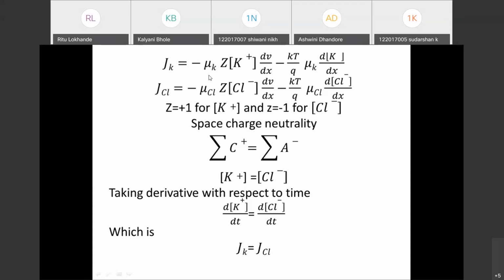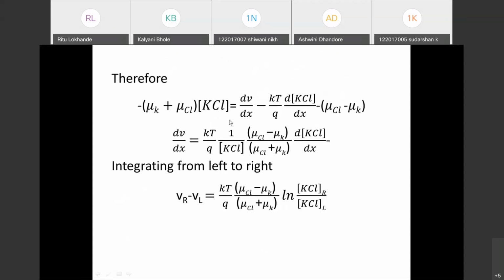Now come to this equation, substitute it for J K and J Cl. After substituting and simplifying, bring it in terms of dV by dx is equal to something. So dV by dx is equal to kT by q into 1 upon the concentration of KCl and this.